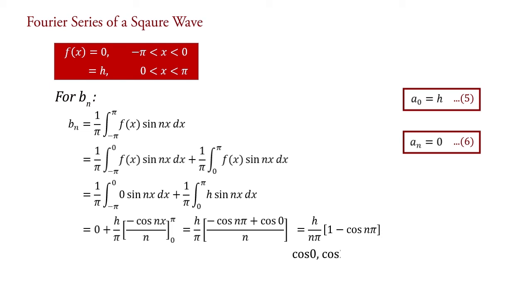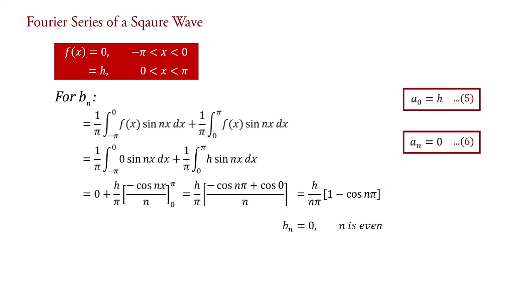Now, cos 0, cos 2 pi, cos 4 pi all are equal to 1. That is, if n is even, then cos n pi is 1. Therefore, 1 minus cos n pi equal to 1 minus 1 equal to 0. And therefore, bn equal to 0. It means these terms equal to 0 for n even.